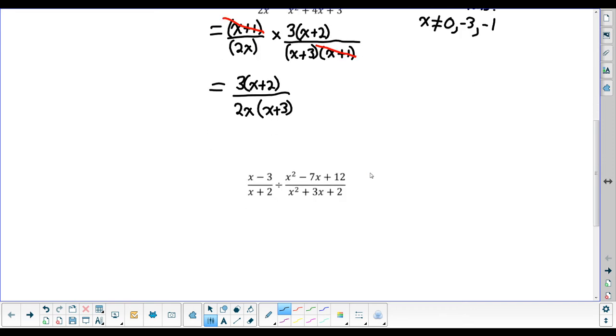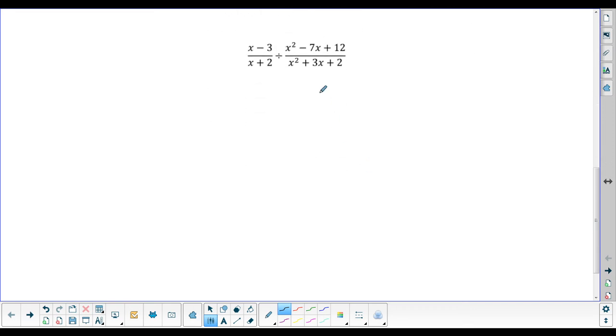All right, let's try one more here. And this time it looks like we have some division and we got a lot of factoring to do. So let's start by factoring everything. So x minus 3 over x plus 2. Division here. Two numbers that add to -7 and multiply to 12.